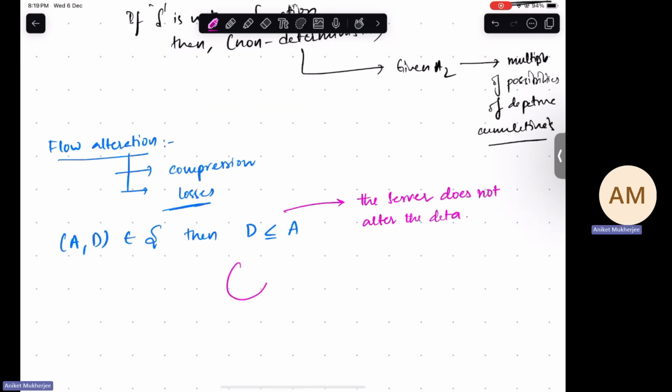So whatever input you're giving to the server, the same output you're getting from the server, but in a delayed state.